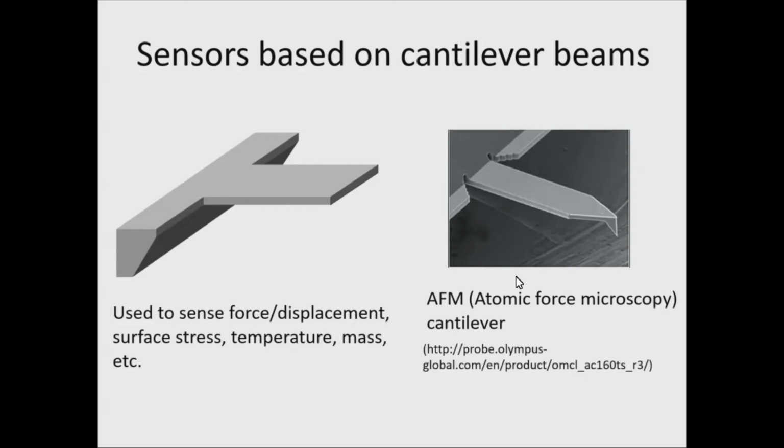One specific example is an AFM cantilever, as shown in this SEM image, with a sharp tip integrated on the distal end. This cantilever can scan and obtain the surface profile with atomic resolution.